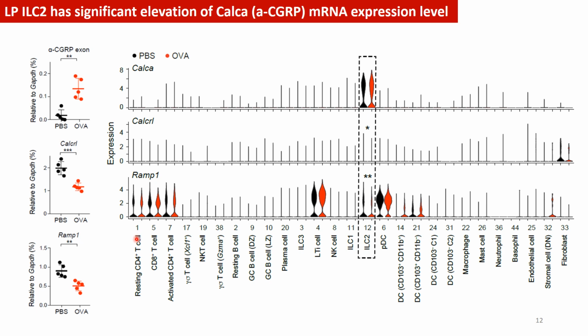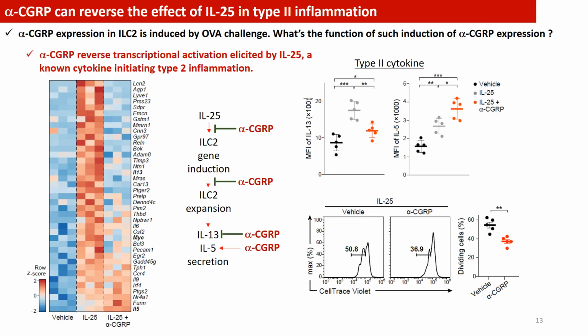In the right panel, comparing across all different cell types, Calca is specifically expressed in ILC2 cells, and compared with these two other genes, its expression abundance is higher.